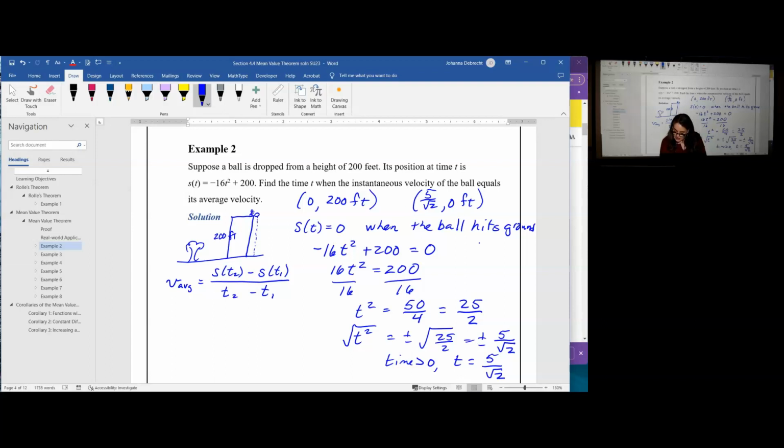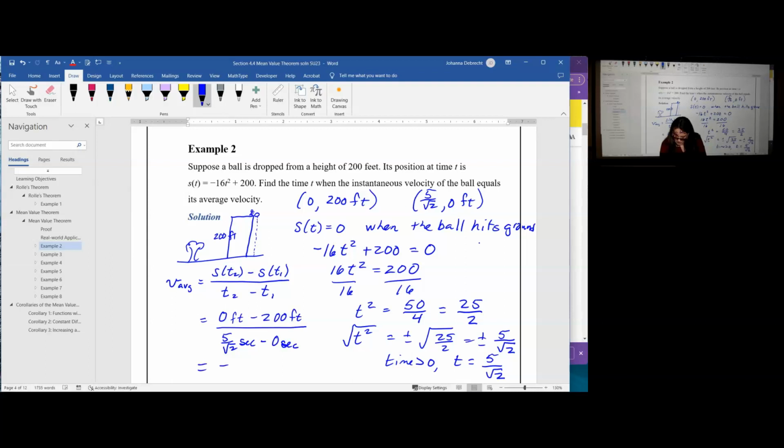We know that S of the second time is going to be 0 feet, and we know that initially it's at 200 feet. Make sure you line up the times with the appropriate distance. This is going to be 5 over the square root of 2 seconds minus 0 seconds.